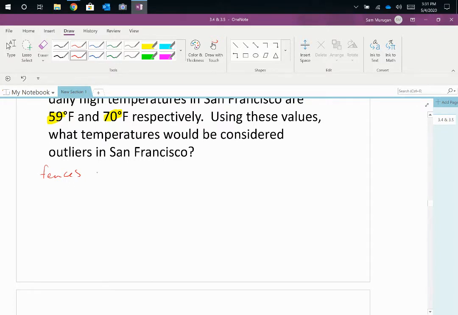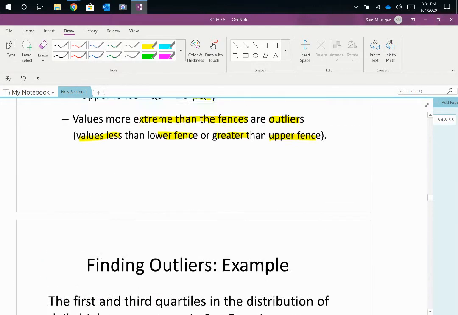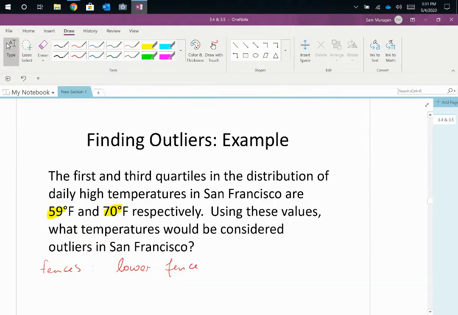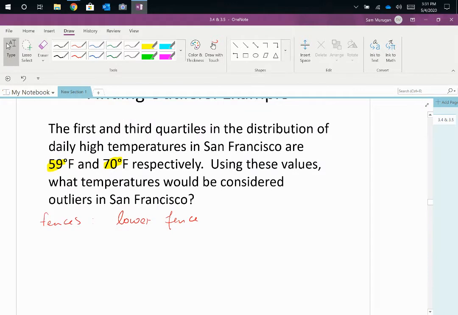And we can see that the lower fence, based on our formula from up here, would be quartile 1 minus 1.5 times the IQR. So the lower fence would be equal to 59 minus 1.5 times the IQR.